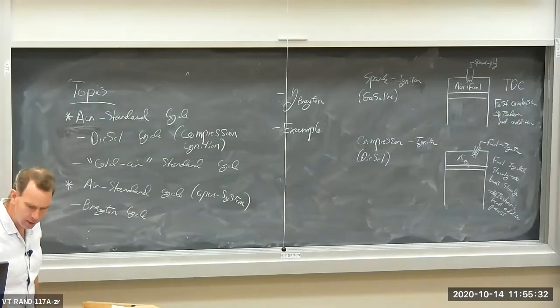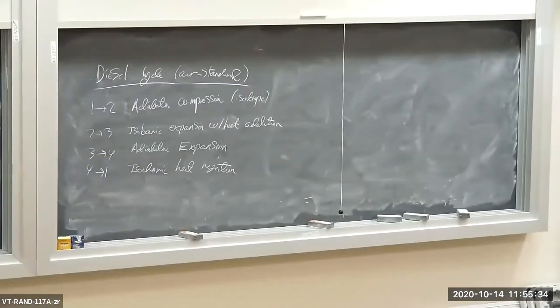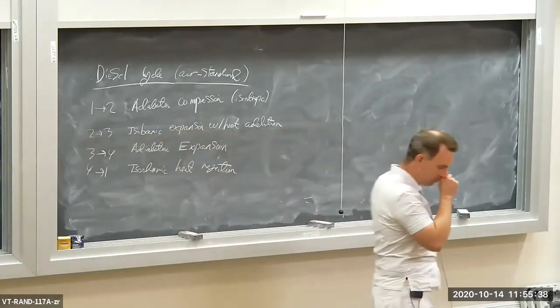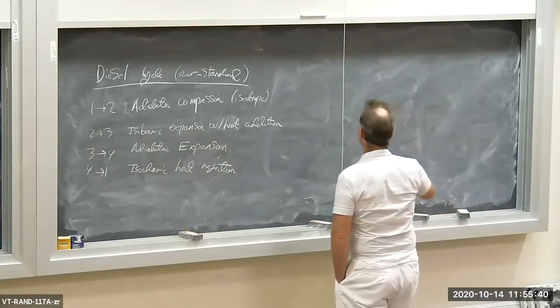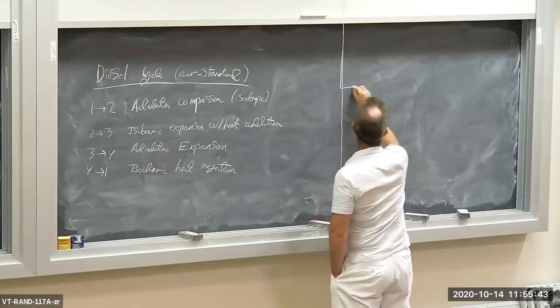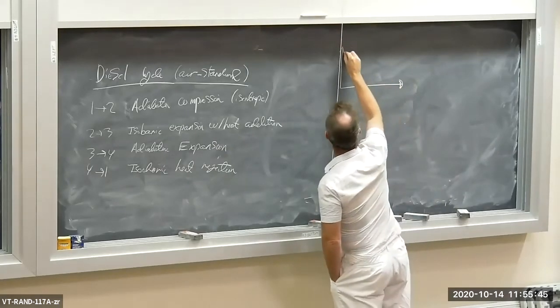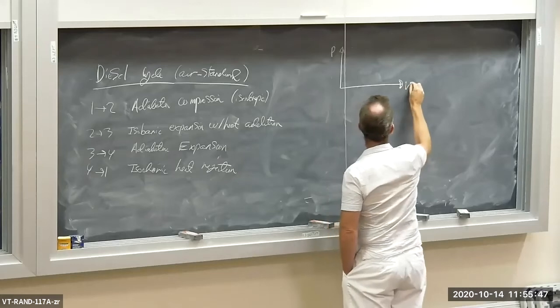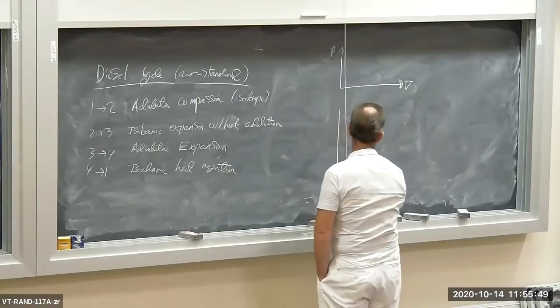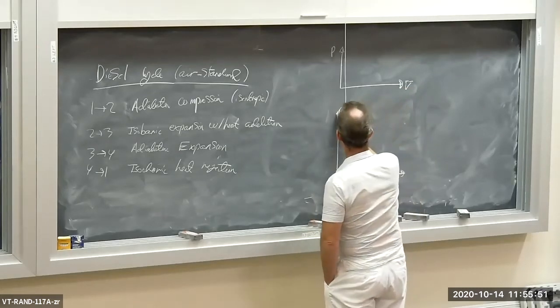So let's have a look here at the diesel cycle, the air standard diesel cycle. Let's put up the TS and the PV diagram here. So here we have PV, and here we have TS.